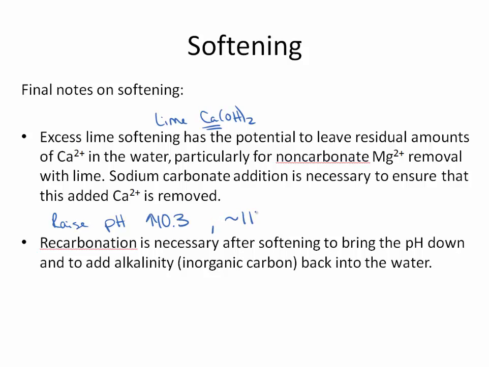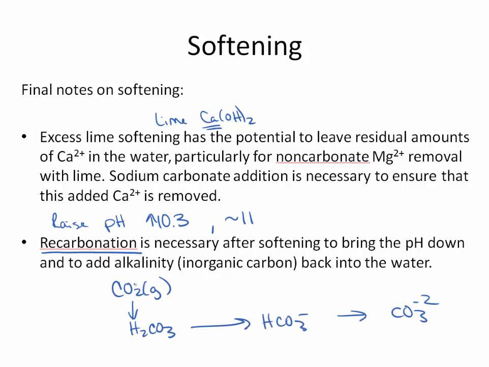After you've done the softening and precipitation and sedimentation, it is very critical that you recarbonate the system to bring the pH down. And bubbling in that CO2 recarbonates the water because it adds these back into the soluble form, and it also lowers pH.